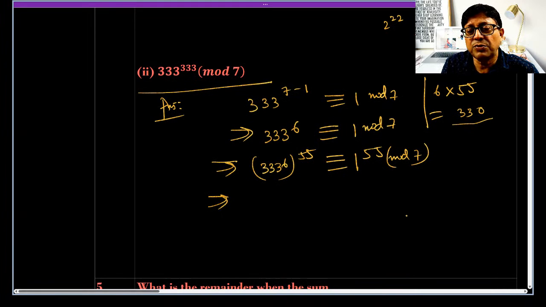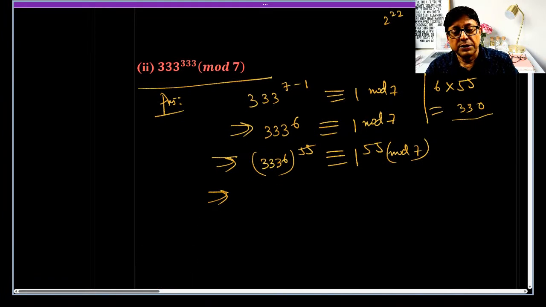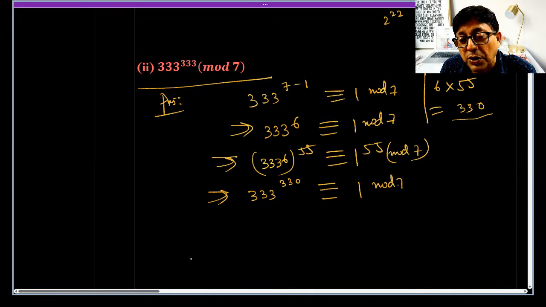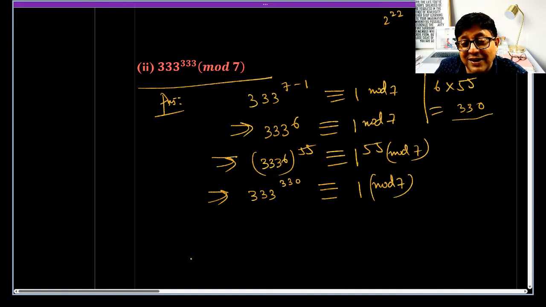So this implies 333 to the power 330 is congruent with 1 mod 7. We need 333, so 3 more are required. Then what to do? 3 more are required.